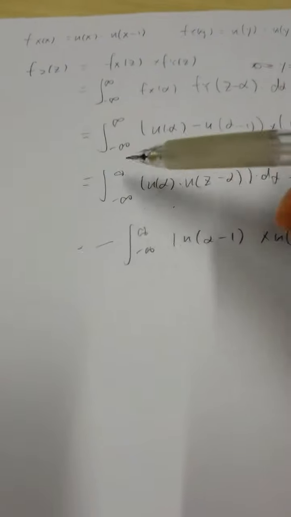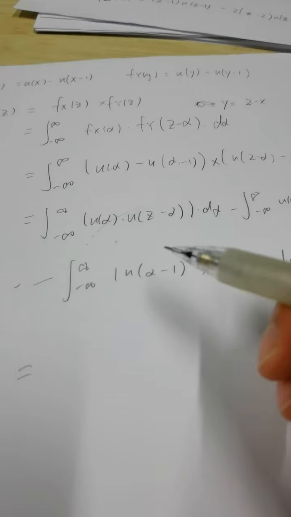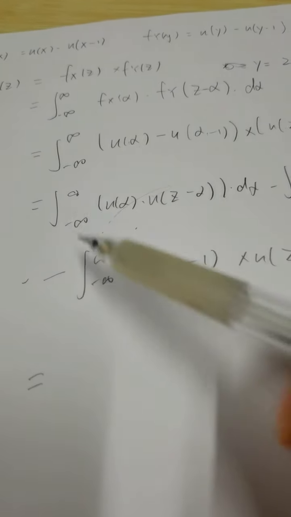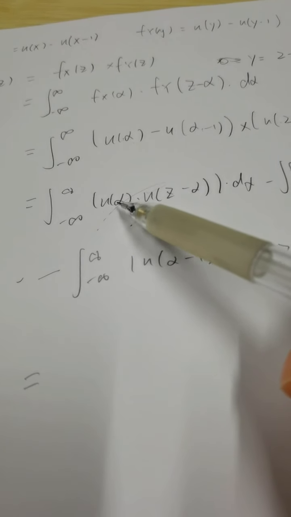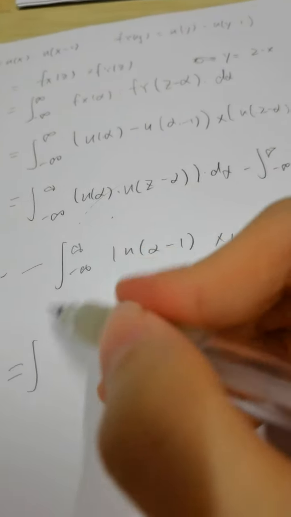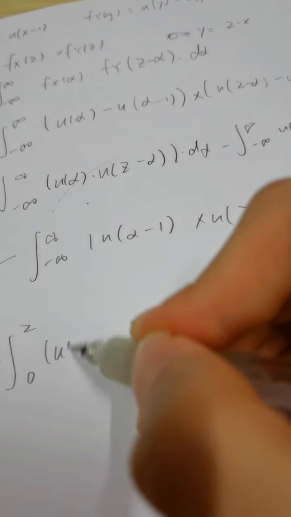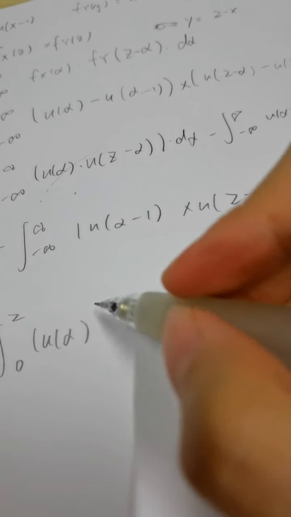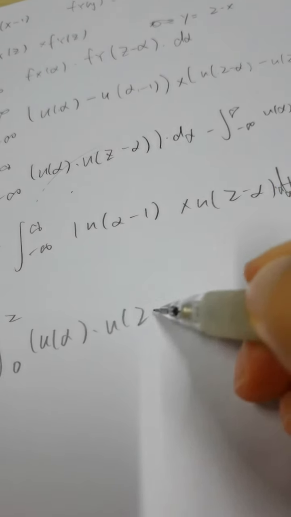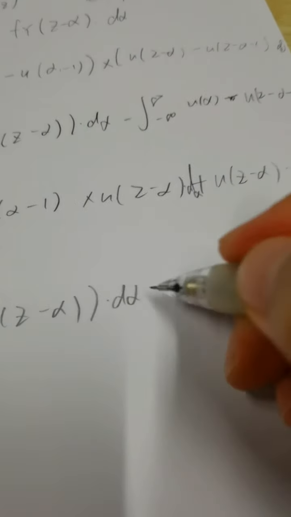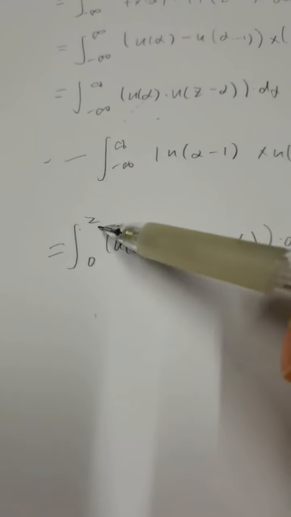After that we need to get the limits of integration, as we learned from lecture. The upper limit is from this part, which is z, and the lower limit is 0. So for the first one, it is the integral from z to 0 of u(theta) times u(z minus theta) d theta, and we also need to write u(z), which comes from z minus 0.